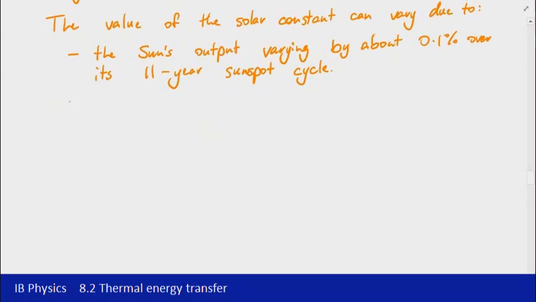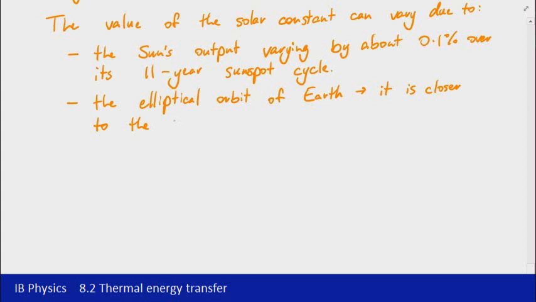The second, as I mentioned, is the elliptical nature of the Earth's orbit. So the elliptical orbit of Earth means that it's going to be closer at some parts of the year and further away at others, and typically it's closer in January. So closer to the sun in January, and further away in July.